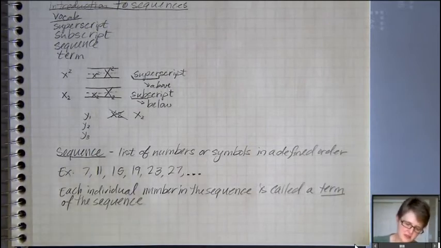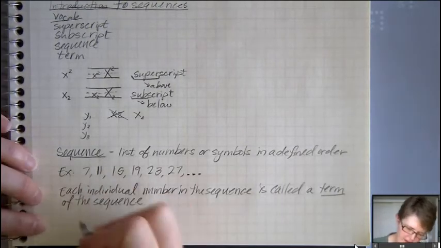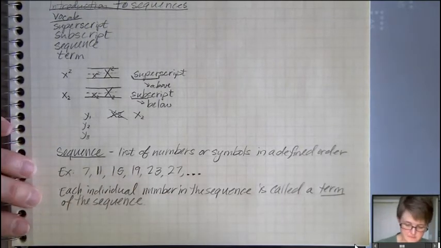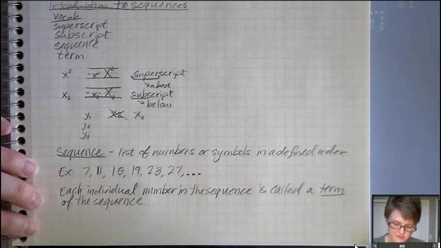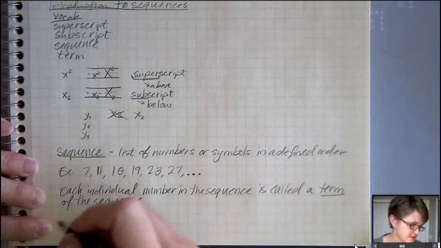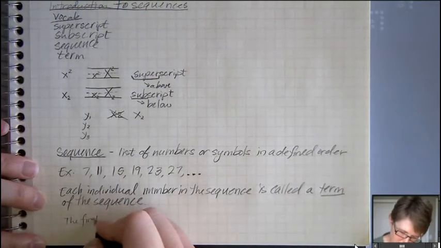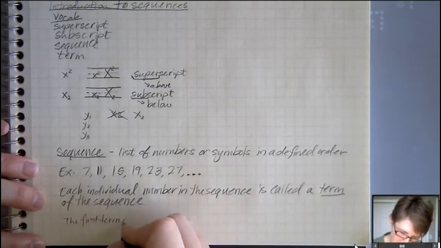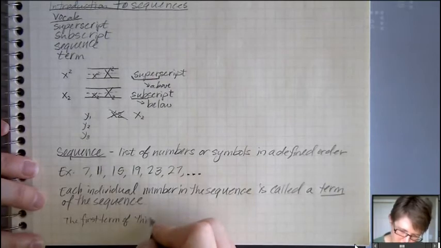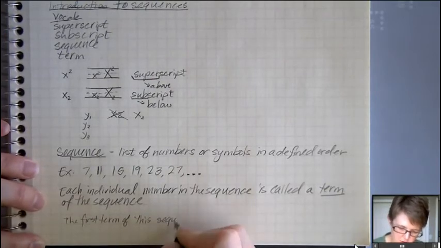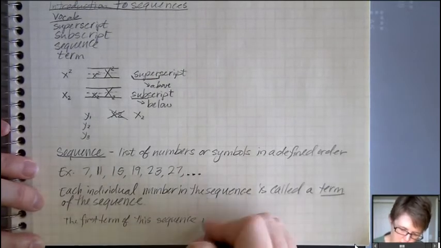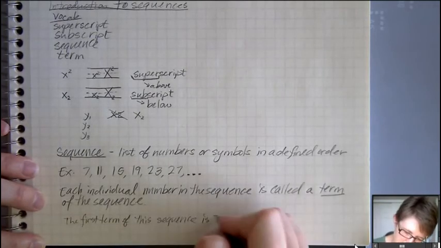So I can write, now we haven't established any notation for this yet, so I'm just going to write it out using English. I'm going to say the first term of this sequence is 7.